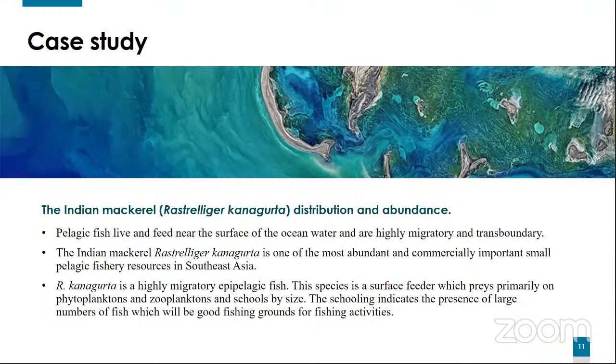That means ikan ni dia berenang, okay, dan dia berhijrah. So, this species is a surface feeder which preys primarily on phytoplankton and zooplankton and schools by size. Dia berenang migratory dalam satu kumpulan yang besar. Okay, the schooling indicates the presence of a large number of fish, which will be a good fishing ground for fishing activity.